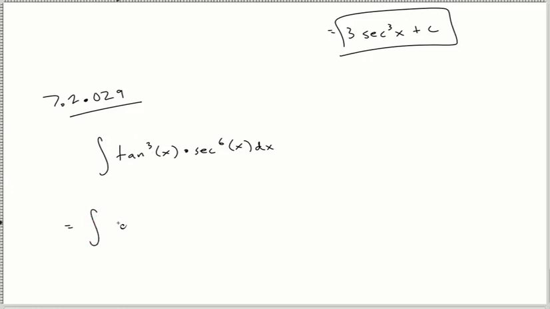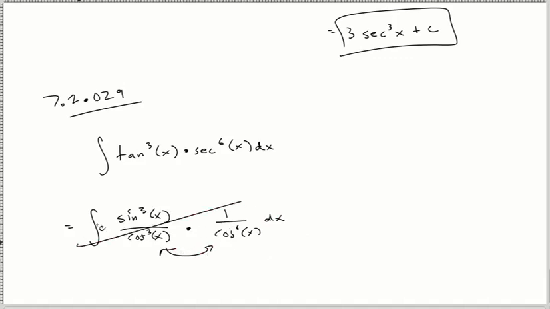So my first attempt is to say, oh, well, let me break this down into sines and cosines. Perhaps something will cancel, right? So secant is technically 1 over cosine. What you probably are seeing at this point is that nothing really cancels. These actually combine together to make more cosine, and that is not helpful.